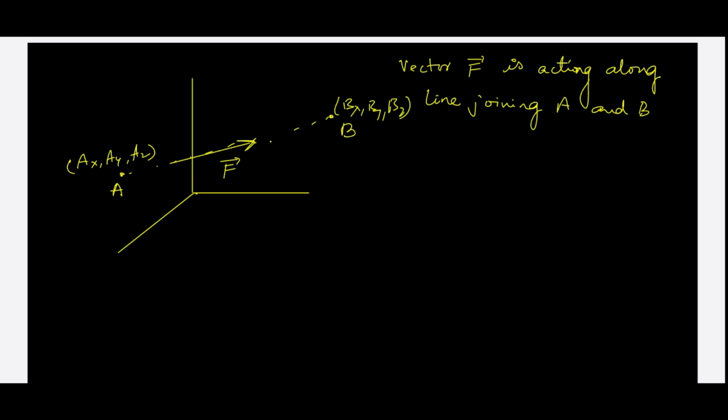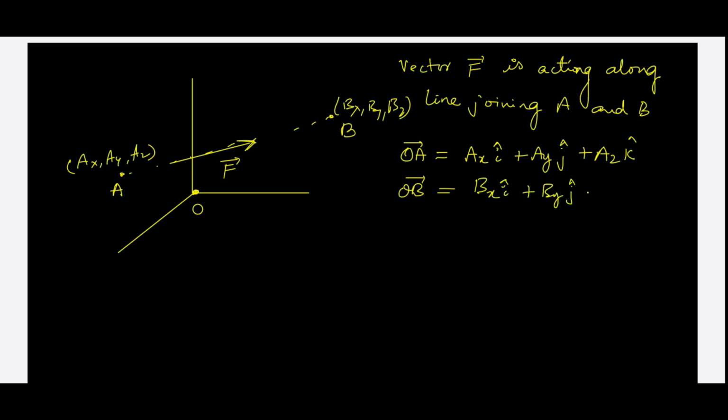This is my origin O. So the position vector A, or OA, is AX i cap plus AY j cap plus AZ k cap. Similarly, we have OB is BX i cap plus BY j cap plus BZ k cap.